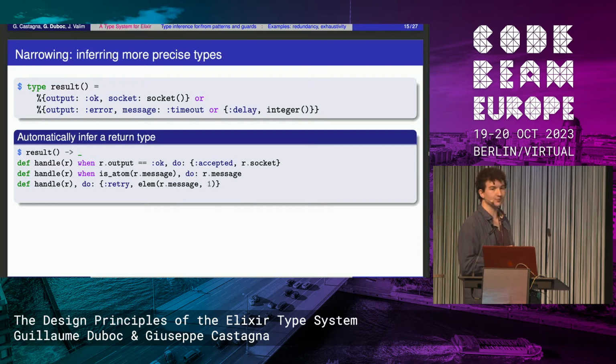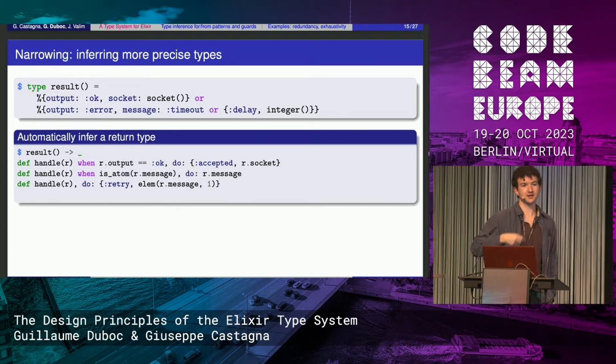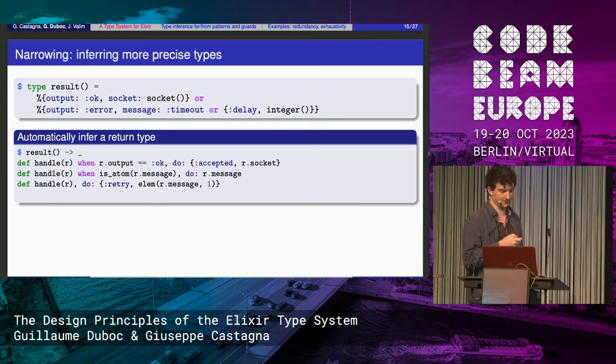So this branch returns a pair of the accepted atom and a socket value. The second branch matches on error message being an atom, so it must be the timeout atom. So error message in this branch is going to be timeout.